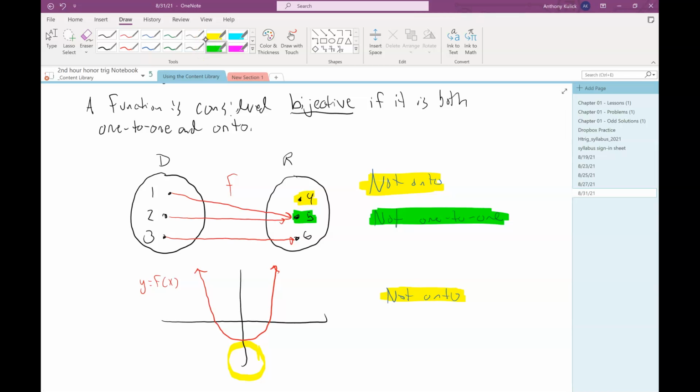Is it 1-to-1? Nope, because we have some y coordinates that are used twice. Does that feel okay?